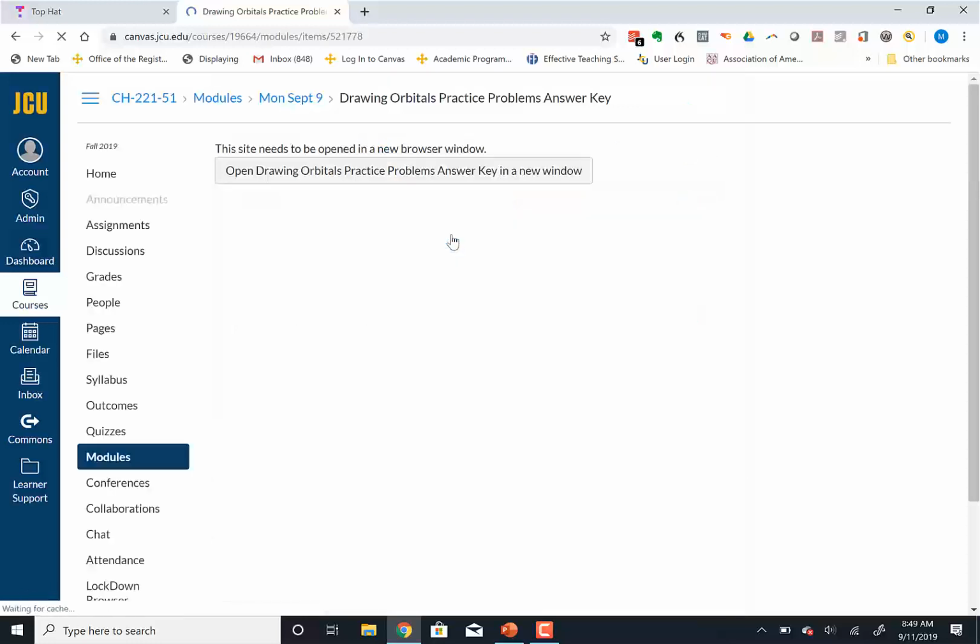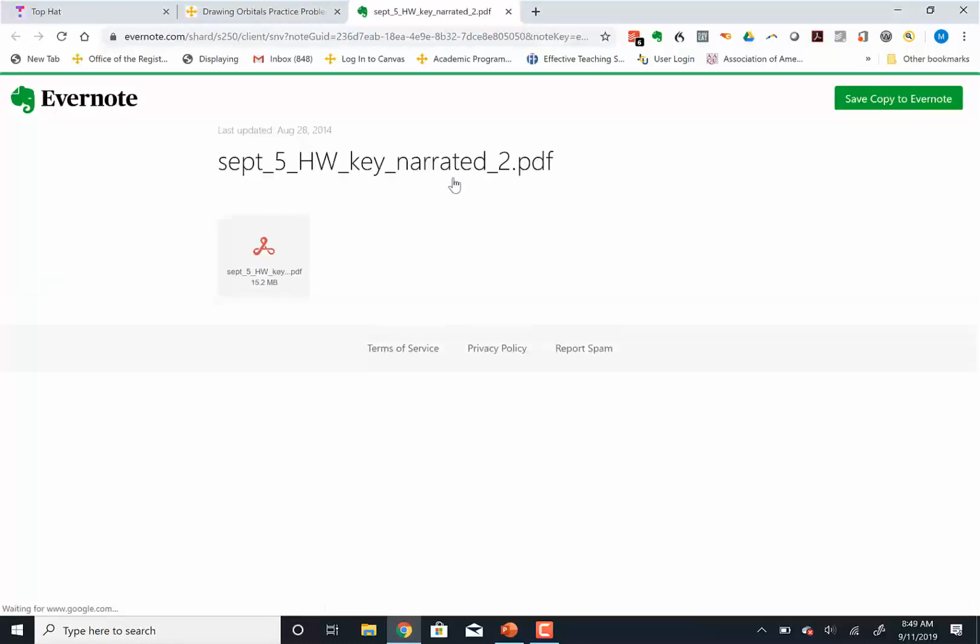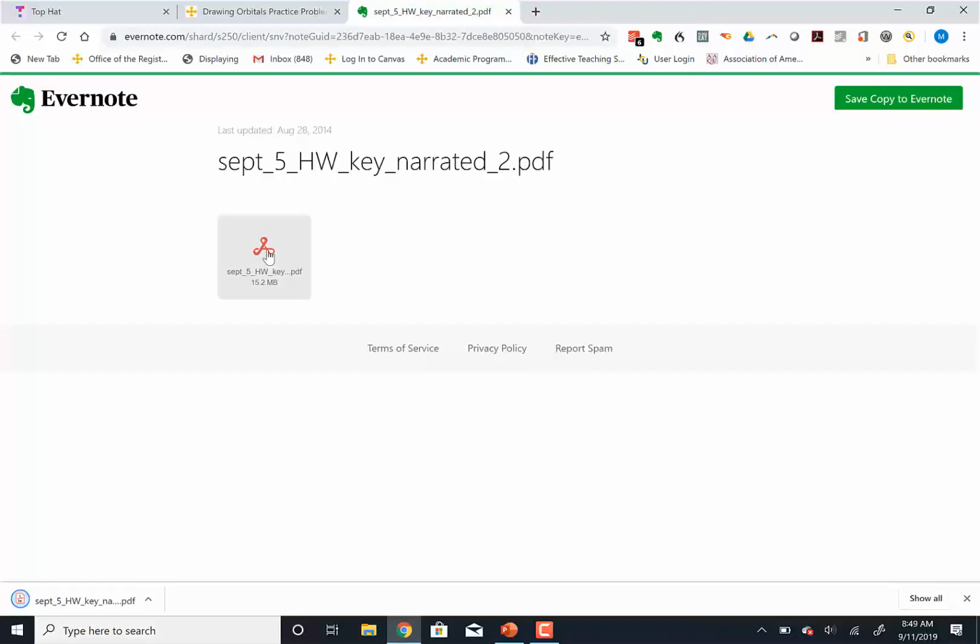You click on that, it goes to this link, which then goes to my Evernote account. Then you have to physically download this onto your computer, whether it's your Mac or your PC. So I would do this. Now it's going to try and load it up.